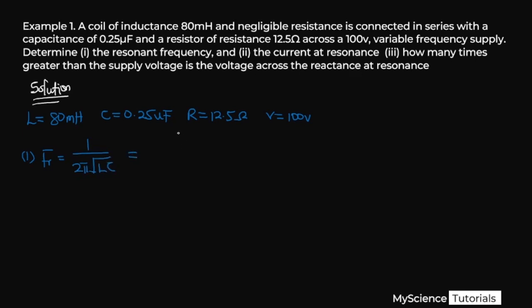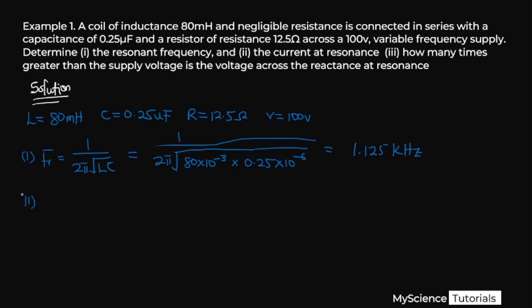So this is equal to 1 over 2 pi the root of 80 times 10 raised to the power minus 3 multiplied by 0.25 times 10 raised to the power negative 6. If we compute everything into our calculator, our resonant frequency is equal to 1.125 kilohertz. So this is what we are going to get as our resonant frequency.